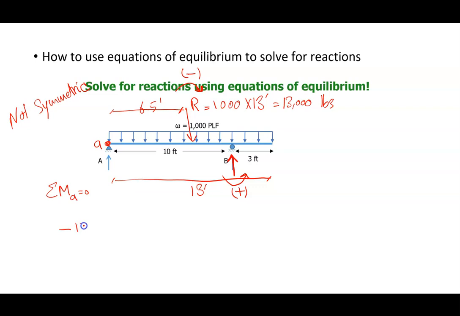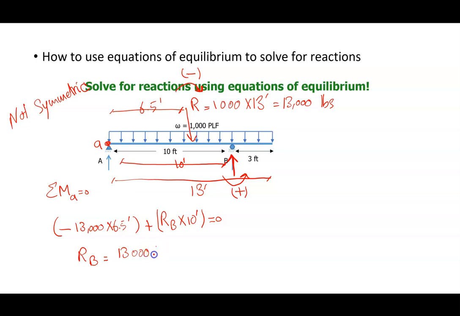So we have minus 13,000 times 6.5 plus reaction at point B times 10 feet is equal to 0. And we get reaction at point B is equal to 13,000 times 6.5 divided by 10.